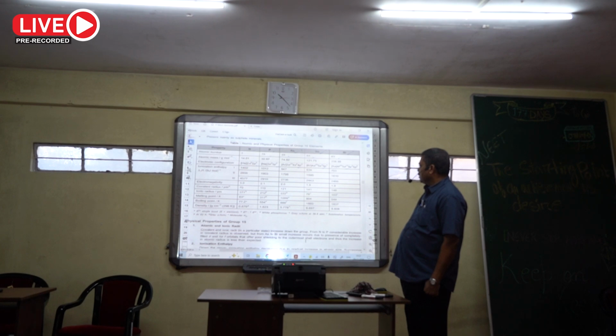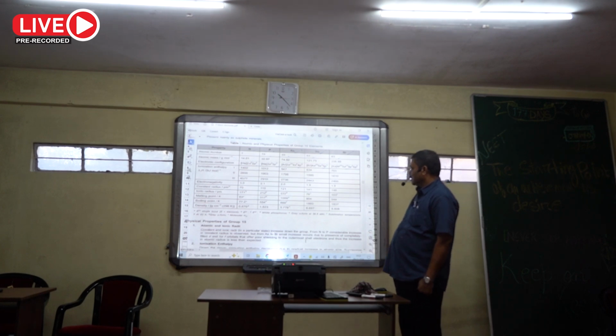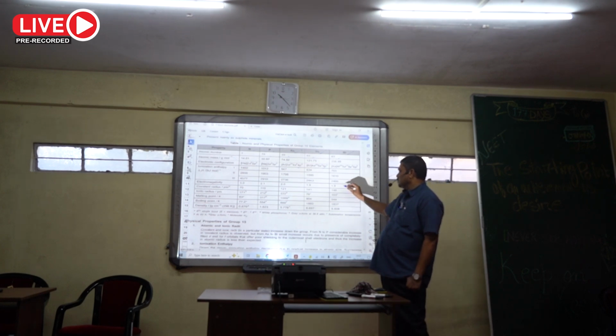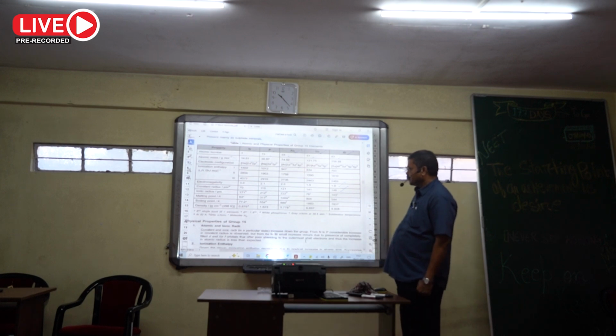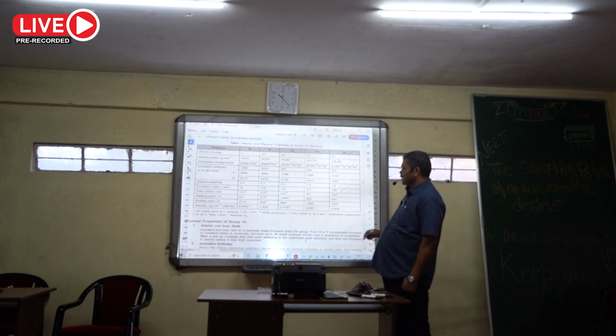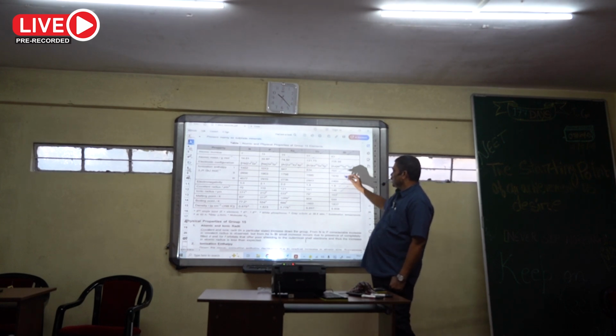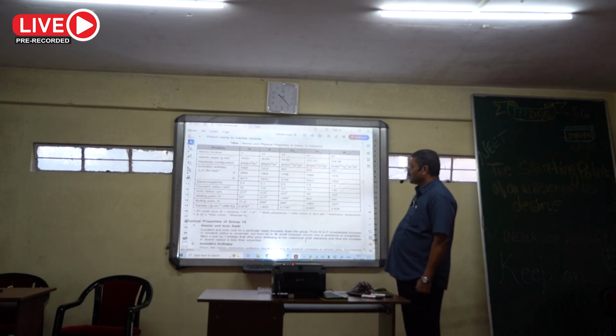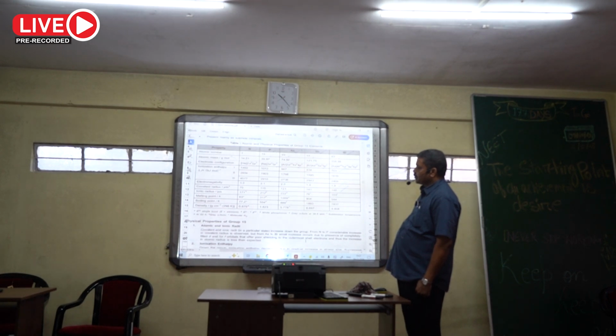Electronegativity, there is no anomalous situation, top to bottom decreased, covalent radius increased, no problem. Melting boiling points are not required. First ionization energy also decreased from top to bottom. So there is no much anomalous properties.